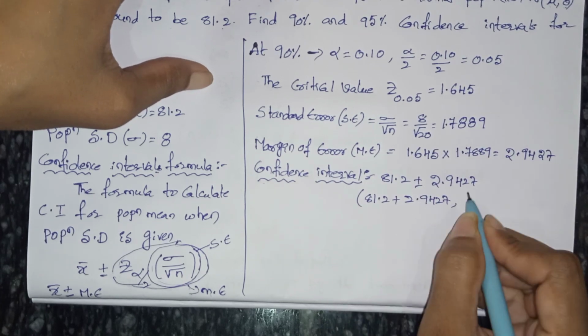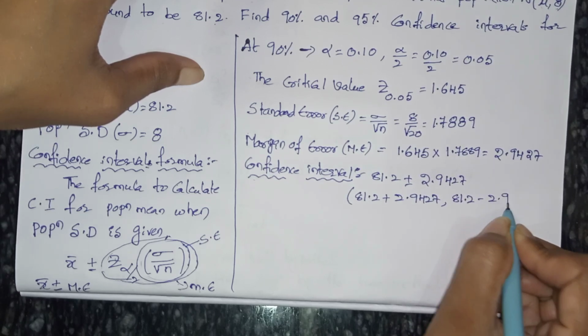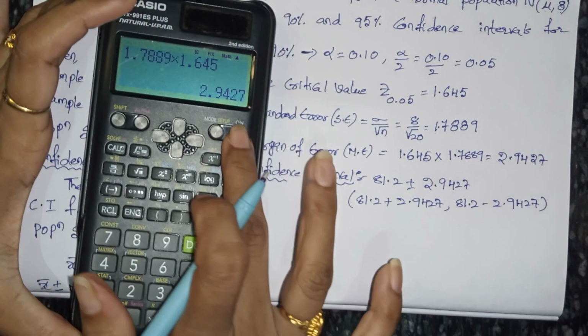So we will write 81.2 plus 2.9427 comma 81.2 minus 2.9427. Okay, so we'll find out.